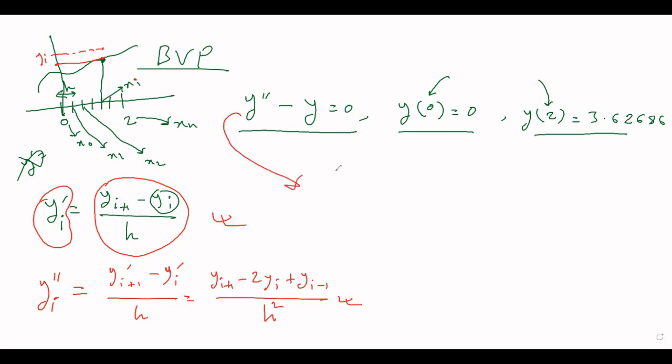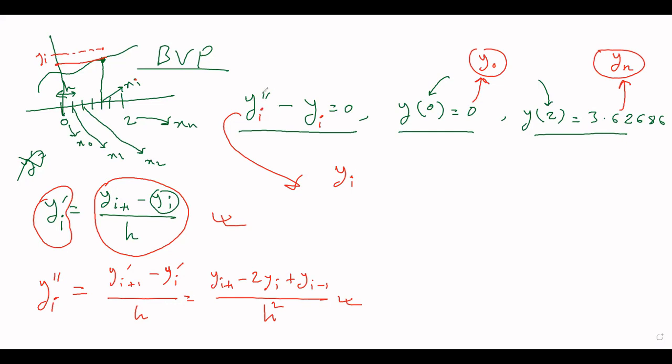First of all, we are rewriting the equation for individual grid points, right? That means this is actually y0, and this is actually yn. The first and last y are already known from the boundary conditions.